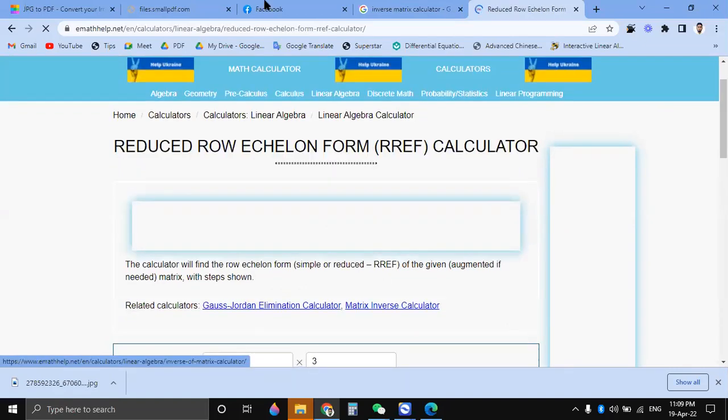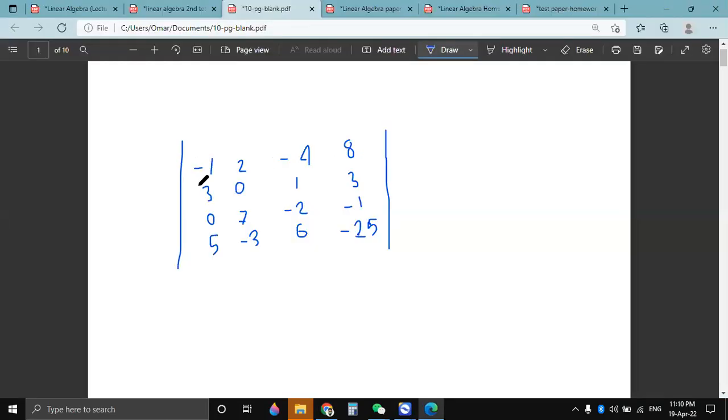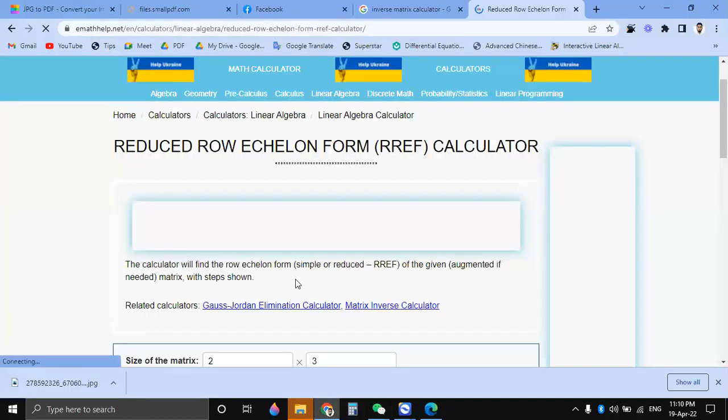And then our matrix is 4 by 4, right? So let's calculate here.